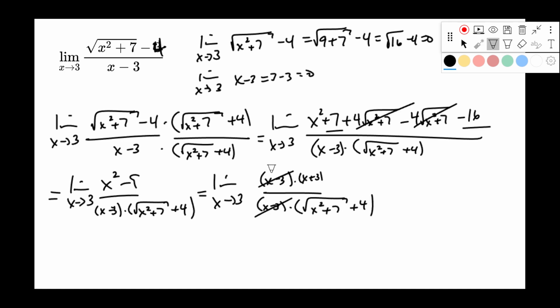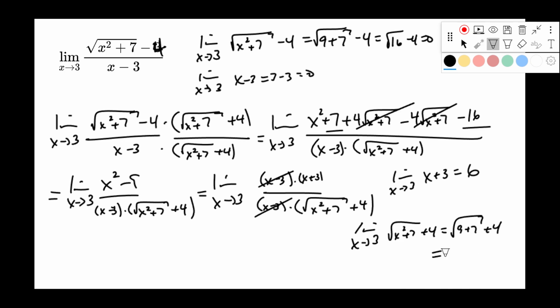So now I just eliminated my 0 over 0. So now I'm going to evaluate. The limit as x goes to 3 of x plus 3 will be 6. And then underneath, the limit as x goes to 3 of the square root of x squared plus 7 plus 4 is the square root of 9 plus 7 plus 4, which is the square root of 16 plus 4, which is 8.